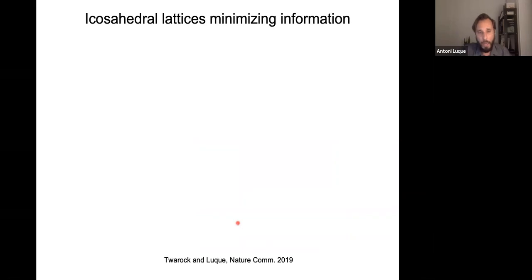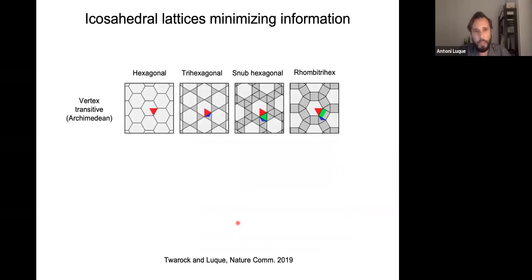So what are the lattices that you can form? So there is a set of lattices that are called the Archimedean lattices that are finite, and that are formed by regular polygons, and they have a unique vertex, so that once you determine the type of polygons that you have around, the whole lattice is set.